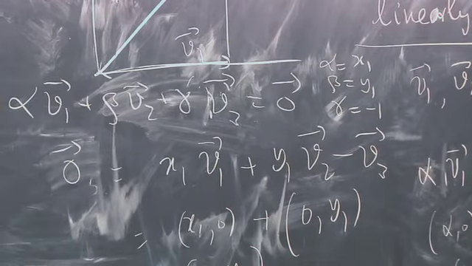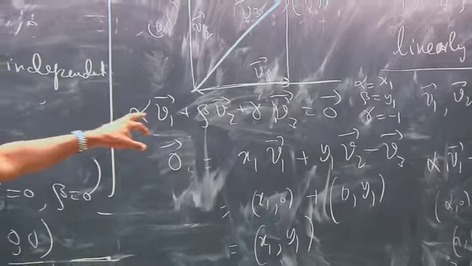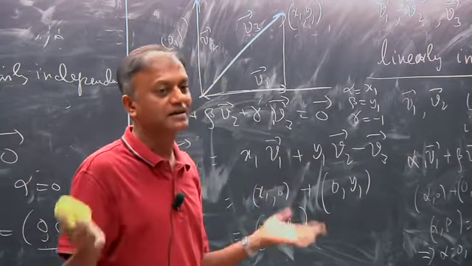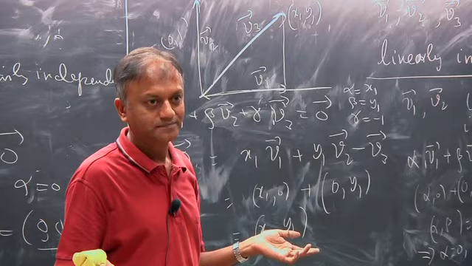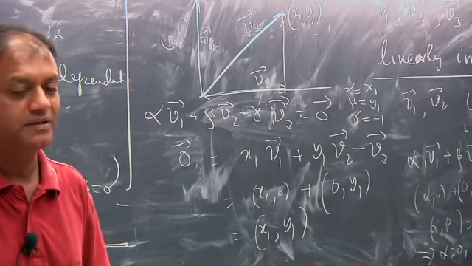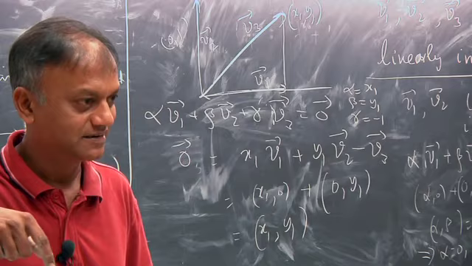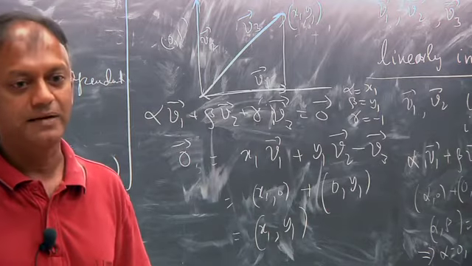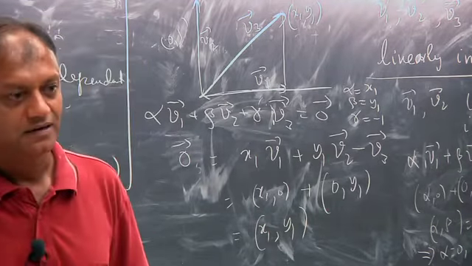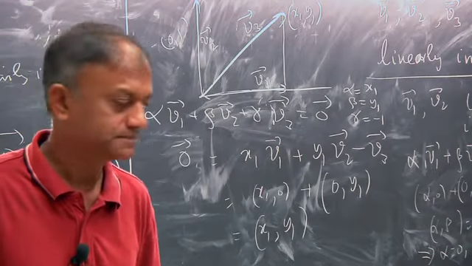Okay? So this is an example where V1, V2, V3 together are not linearly independent. Or, they are not linearly independent is the same as the statement that they are linearly dependent. Okay? So they are linearly dependent on each other, which means that one of them can be expressed in terms of a combination of the others.